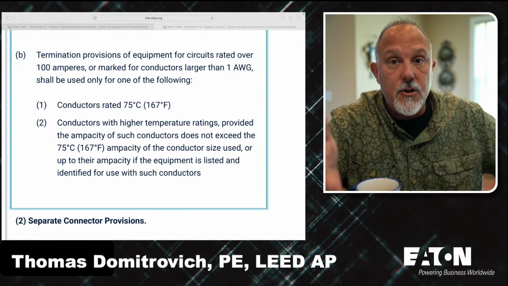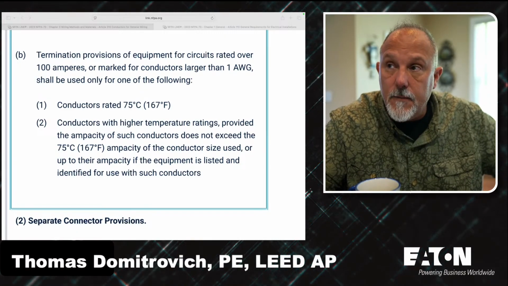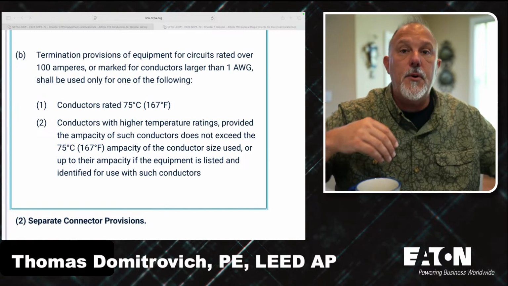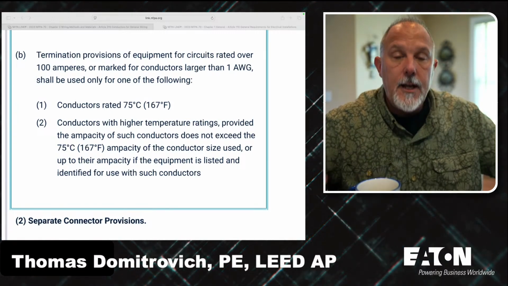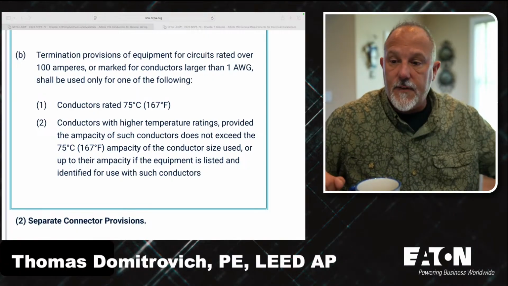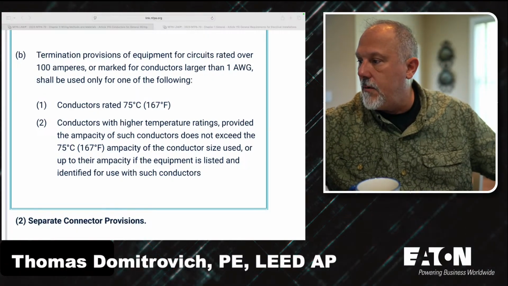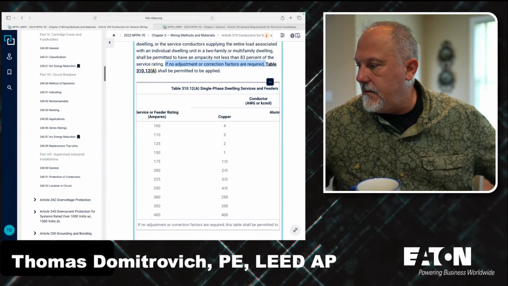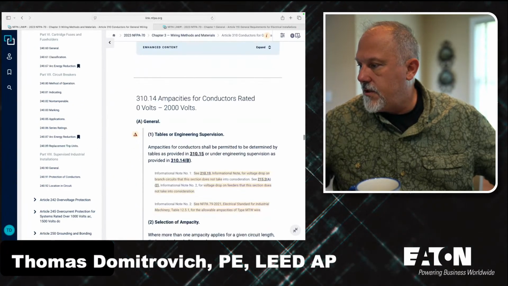So if I increase the size of the conductor because I have voltage drop concerns, when I put in a larger conductor, based upon those conditions of use, I go to, for example, 310.16.